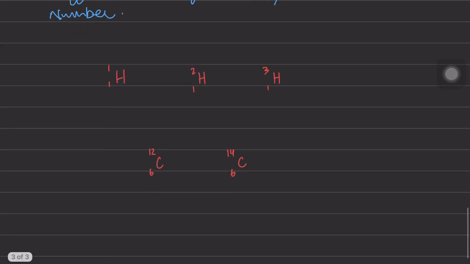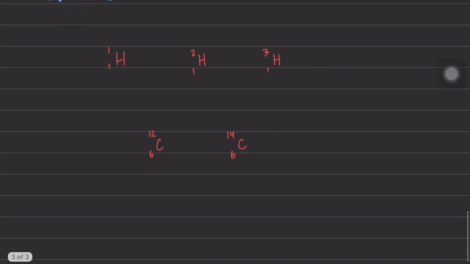So let's study these guys a little bit. First, what is the proton number? The proton number over here, as you can see, is the same. It's not changing. The number of protons that you have here is 1 for each of them.